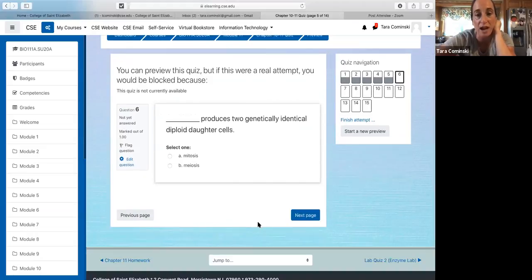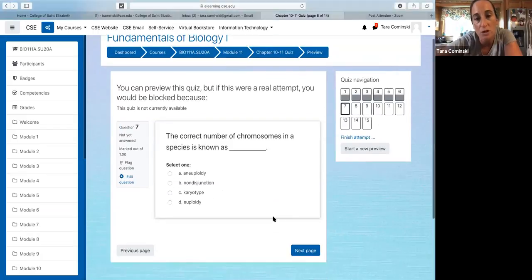Blank produces 2 genetically identical diploid daughter cells. That's mitosis, right? Remember, you're just producing genetically identical cells during mitosis, but during meiosis, you're producing 4 haploid cells that are all genetically different, okay? The correct number of chromosomes in a species is known as what?